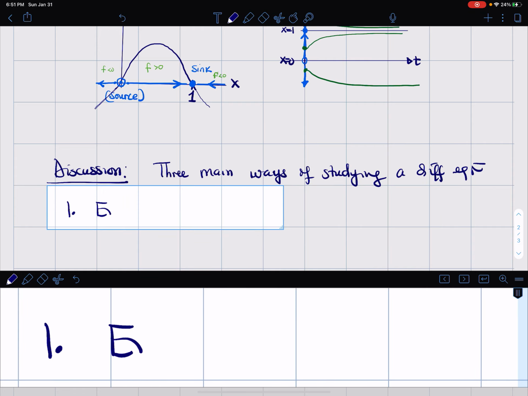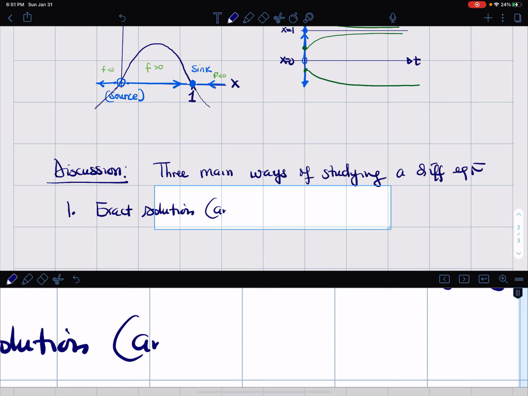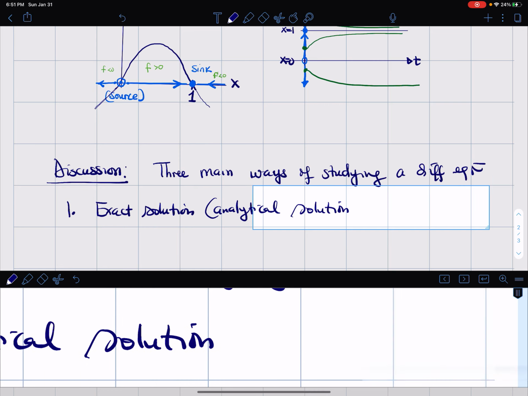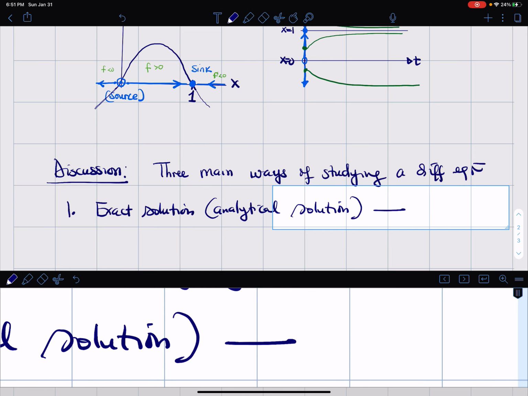One is the exact solution, or what you also call the analytical solution. This is the method you studied in your regular differential equations, at Manhattan College, Math 286.